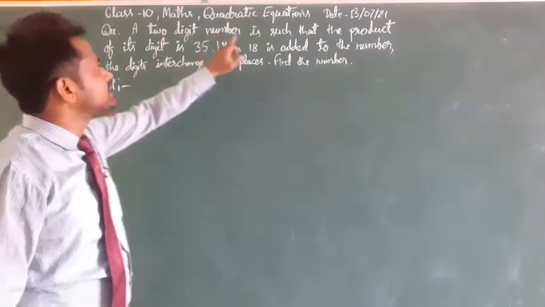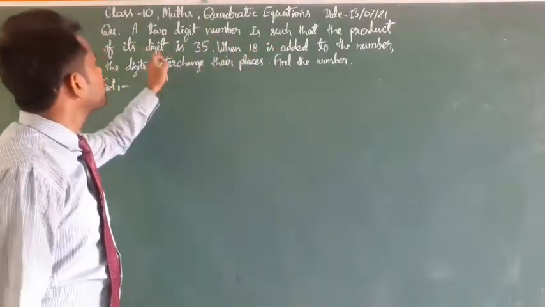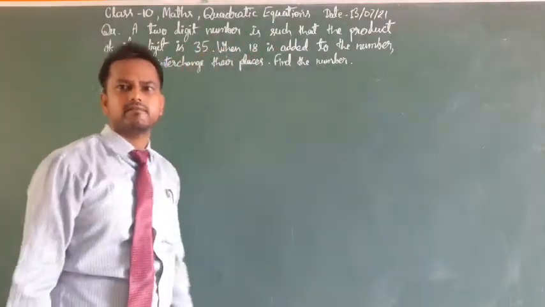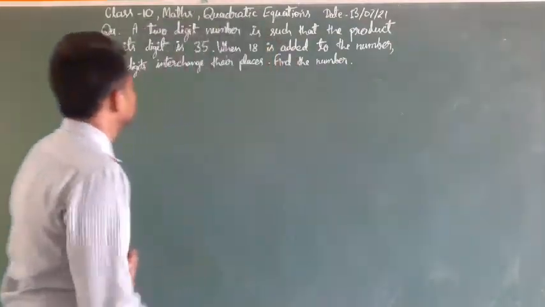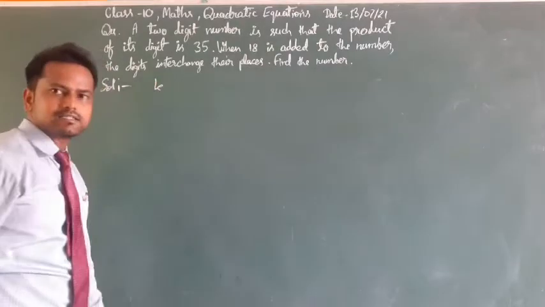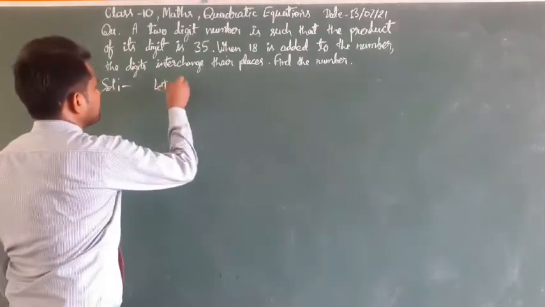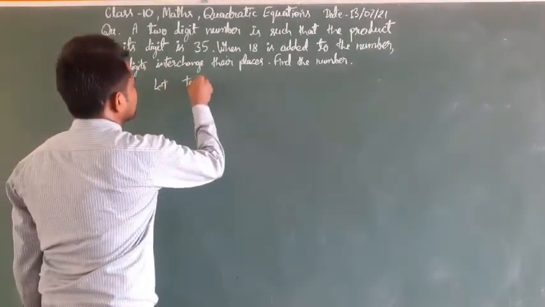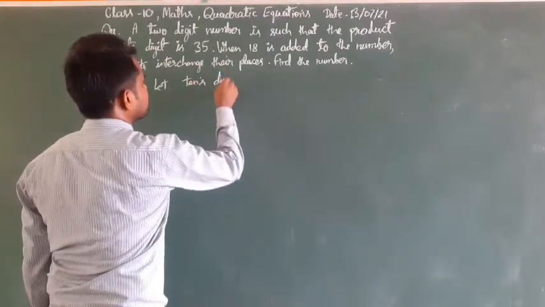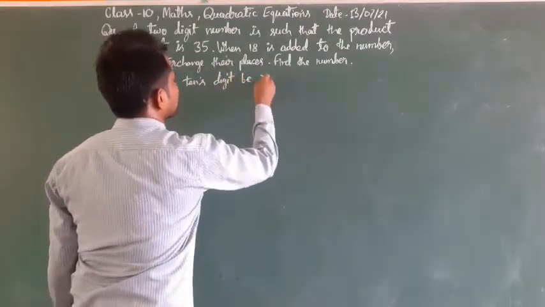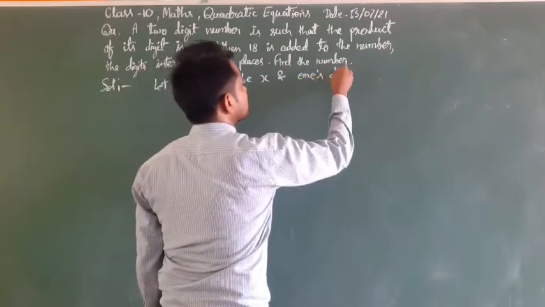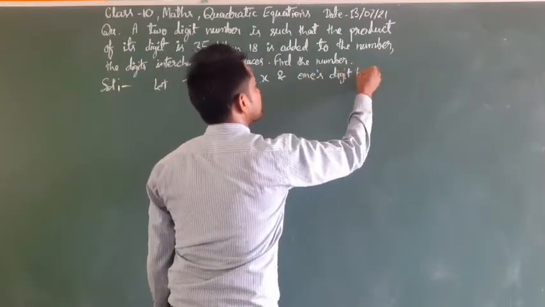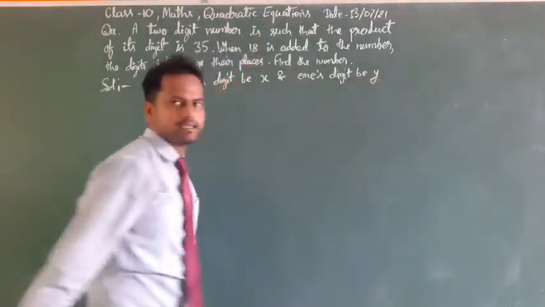A two-digit number is such that the product of its digits is 35. So first you have to let the digits: let tens digit be x and ones digit be y.